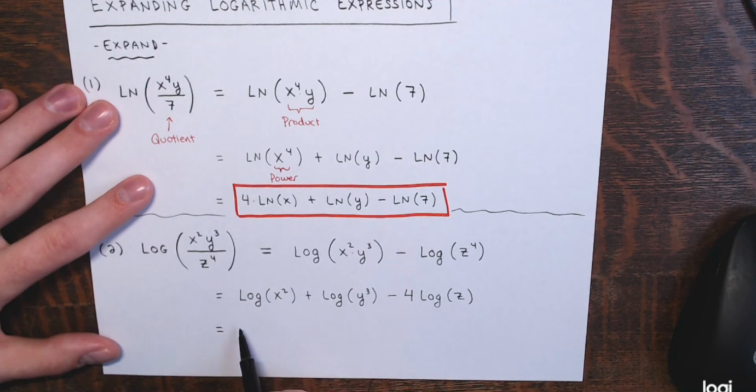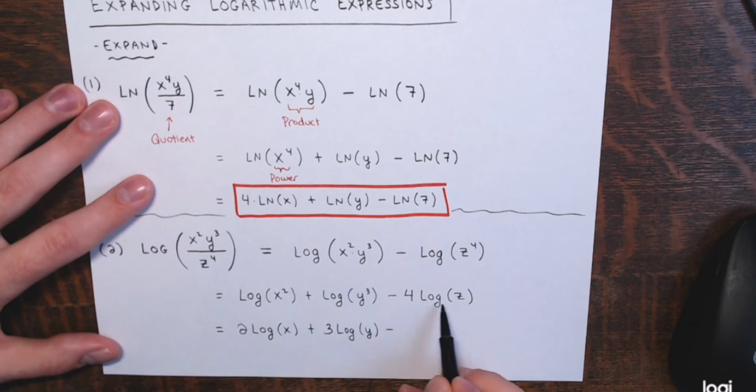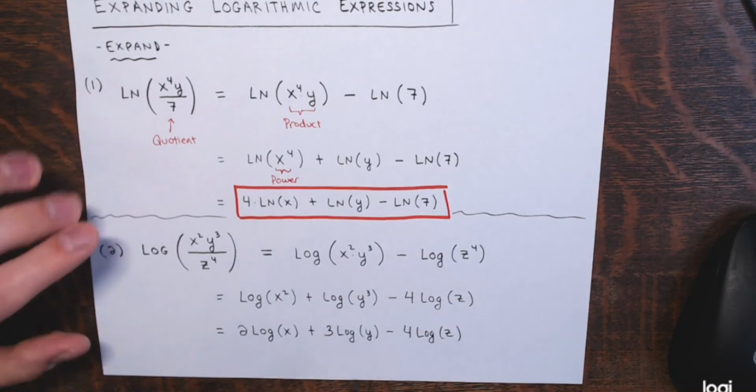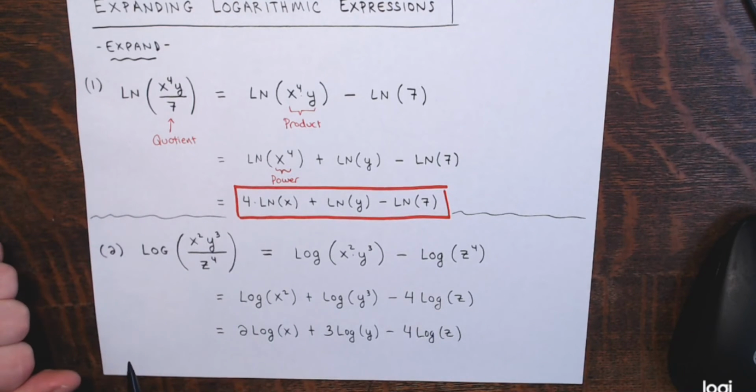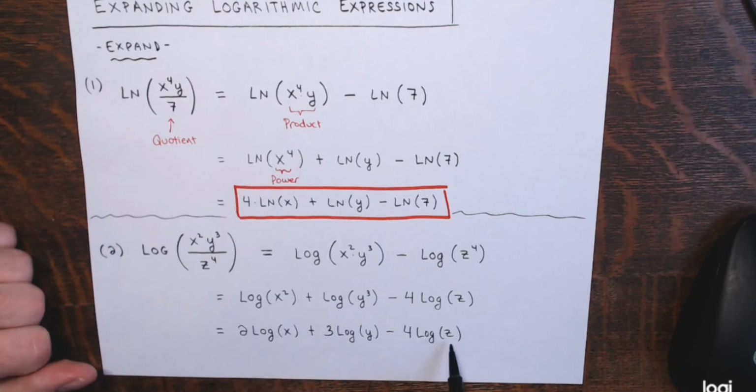So 2 comes out front there, so it's 2 times the log of x plus, and then 3 comes out front here, 3 times the log of y, and then I'm already done with the last one, which is the minus 4 times the log of z. And these should be equivalent, as long as whatever you plug in for x, y, and z are positive numbers, because remember, you can't have negative numbers inside logarithms.